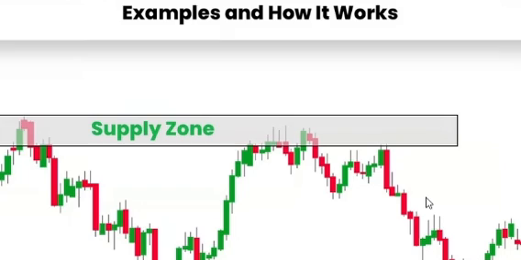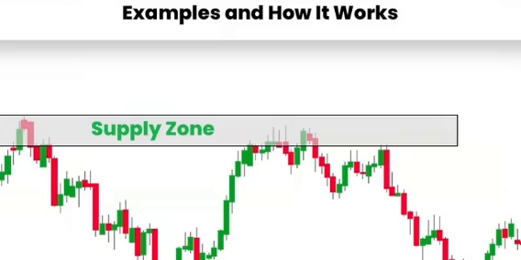The next thing you have to look out for to determine a supply or demand zone is the support or the resistance. So the support or the resistance are basically the same as what? The supply and the demand.